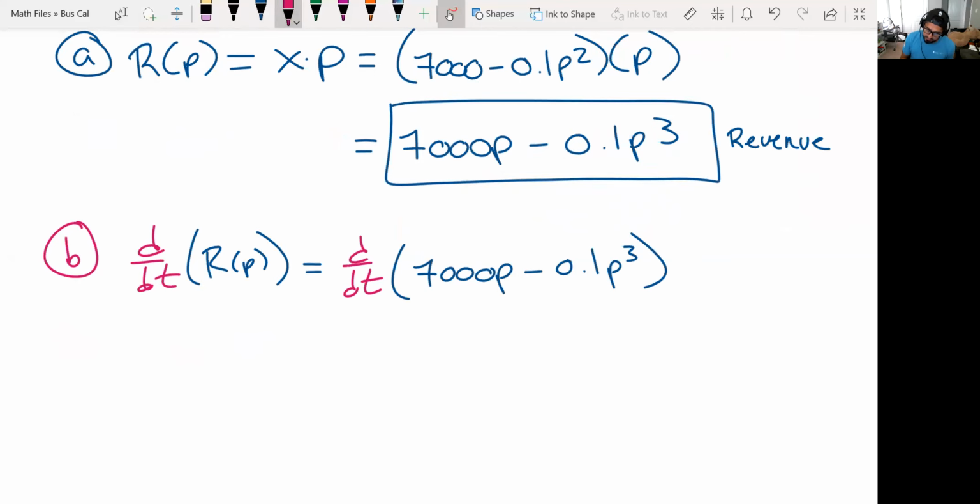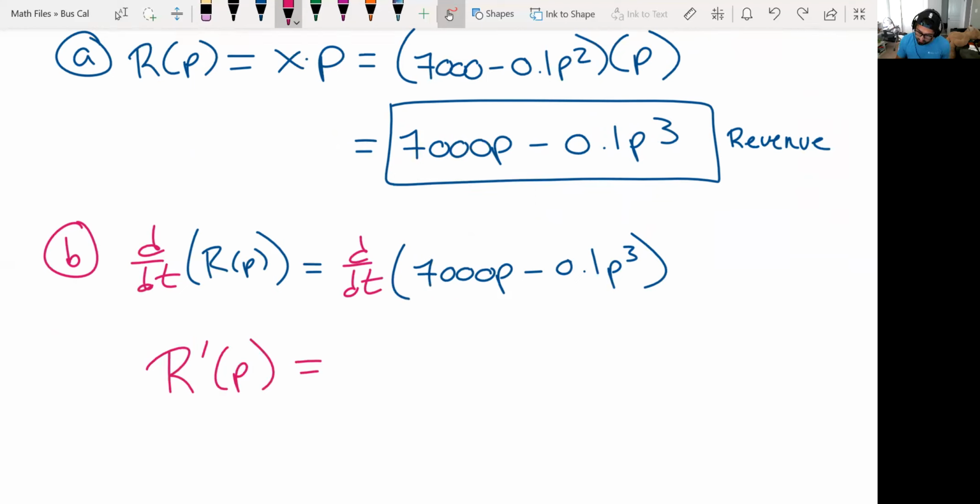And the implicit derivative with respect to time of R of P is R prime of P, equal to the implicit derivative of 7,000 P.